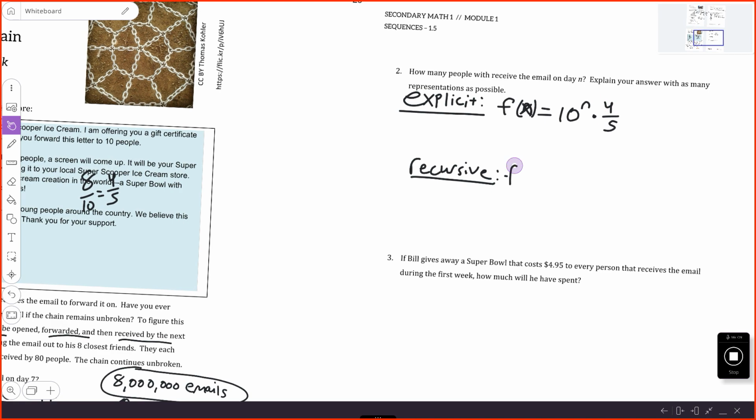And this is the now is the previous times 10 when f of 0 is 4/5. Okay, so that's both. If they'll give away a Super Bowl ticket that costs $4.95 to every person that receives the email during the first week, how much would he have spent?